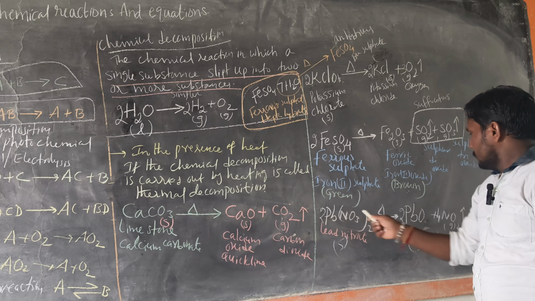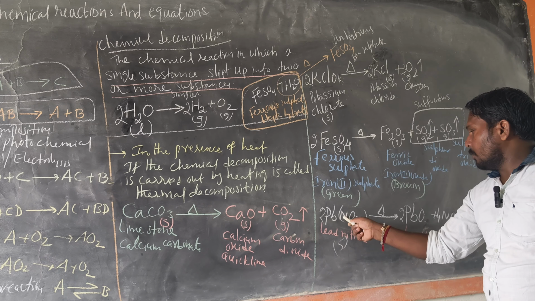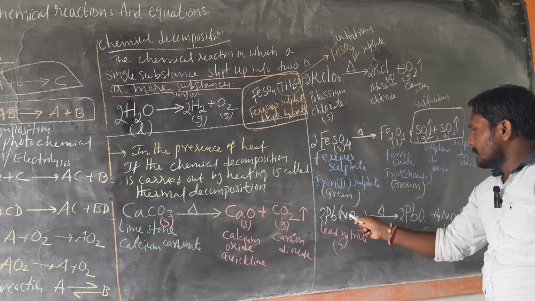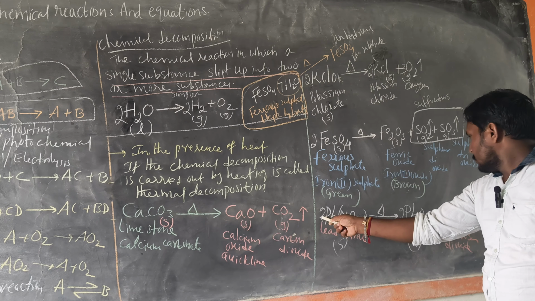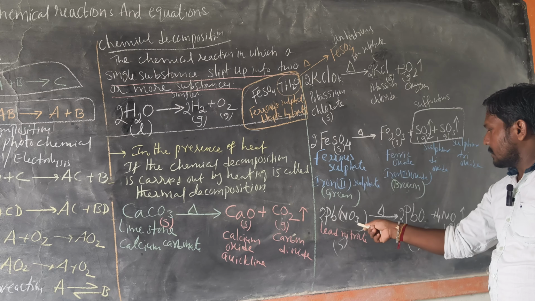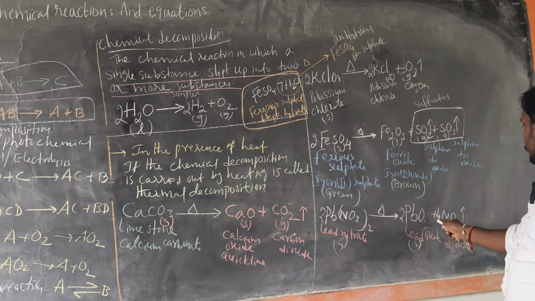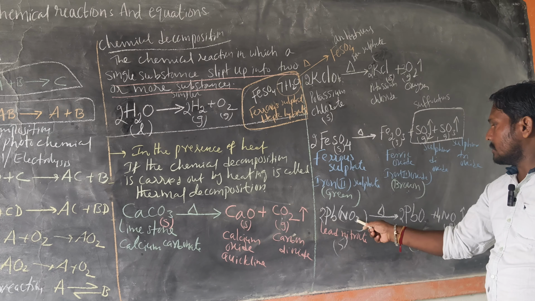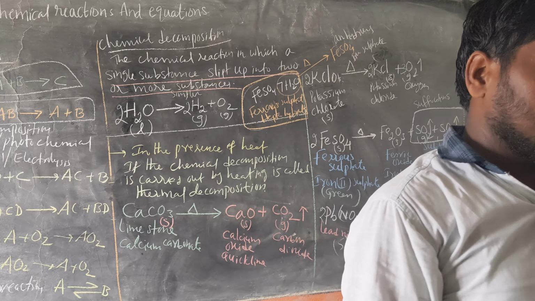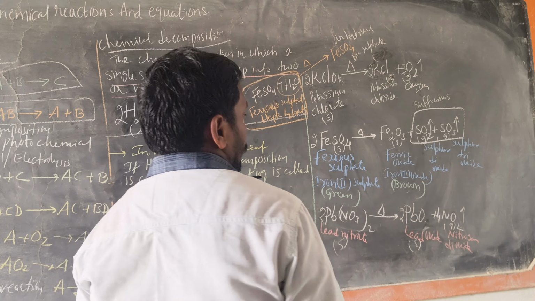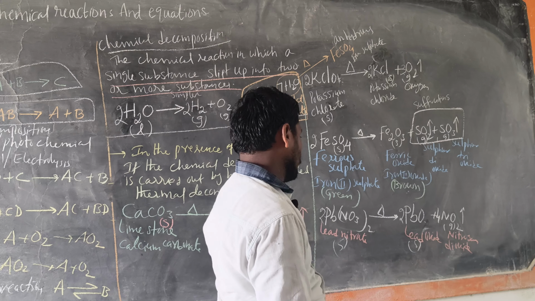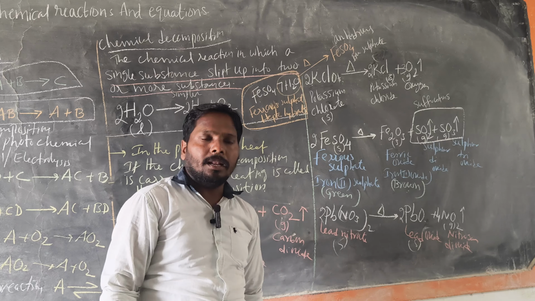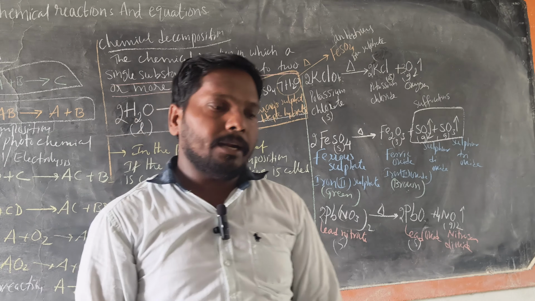Two lead nitrates: 2 nitrogens, 2 threes are 6 oxygens, and 2 twos are 4 nitrogens... counting the oxygens, 6 plus 2 is 8, and 2 fours are 8, 8 plus 2 is 10. So it is also a balanced chemical equation. We should write the balanced chemical equation.